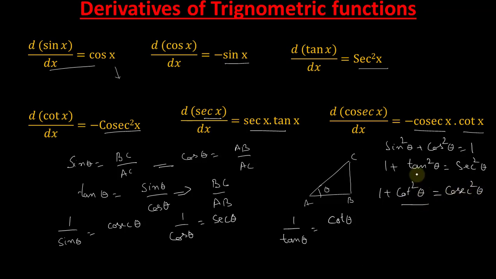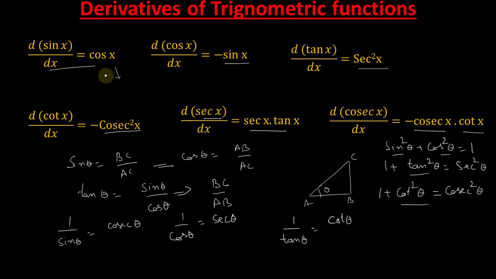There are many other important trigonometric relations that are used while finding derivatives of these trigonometric functions. So I suggest all of you please go through your book. You can get any physical chemistry book which contains a unit on mathematics for chemists. All this information is available there.